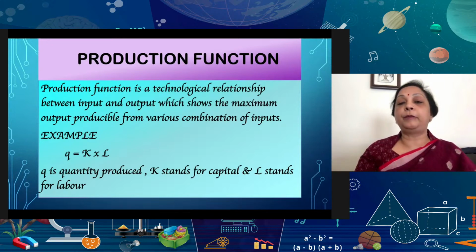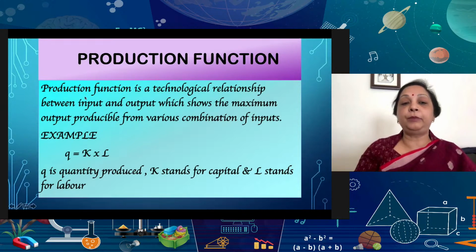So when we talk of production function, we are talking of a technological relationship because production depends on technology. With an advanced technology, even with the same inputs, you can produce more. So how much maximum can be produced is what we study in production function, and it is based on the technology of production.